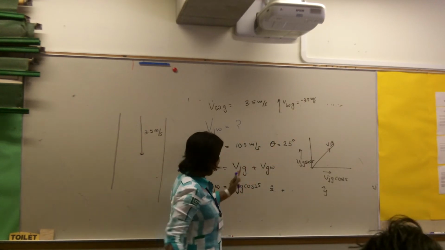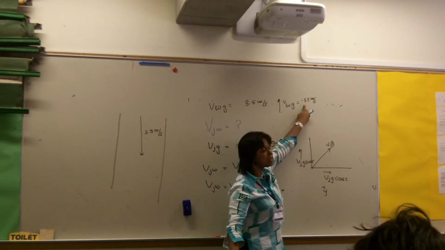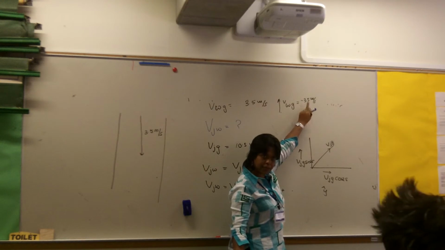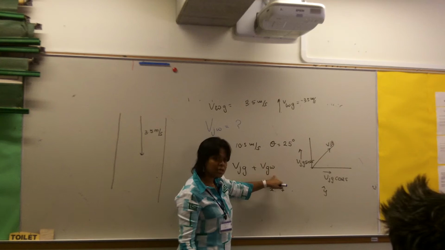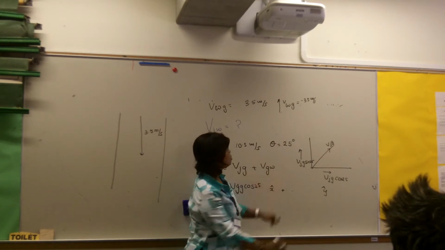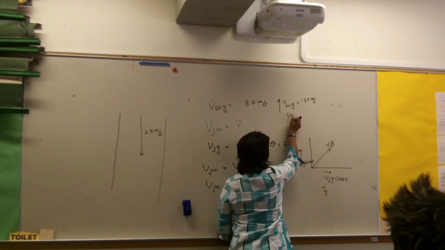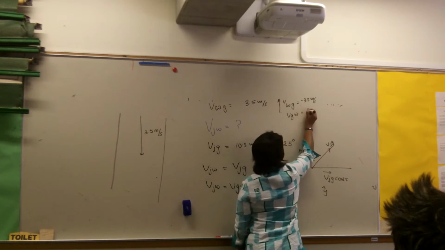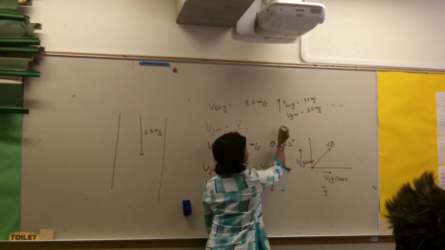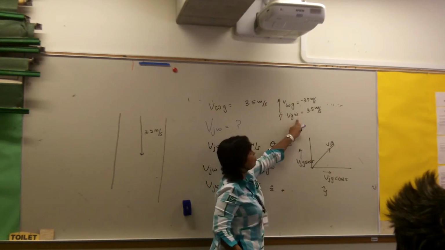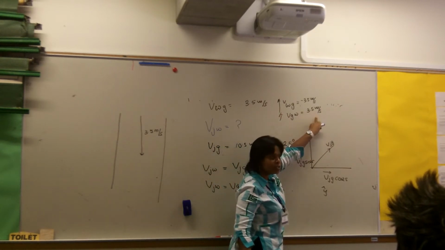If I consider this as the positive direction, this is going to be negative 3.5. But we are not using WG, we are using GW. So if you are changing this, you are supposed to change the sign. So we can say VGW is 3.5 meters per second.